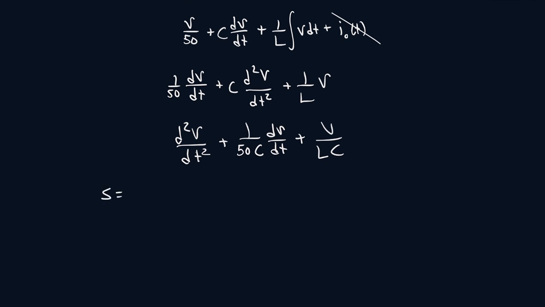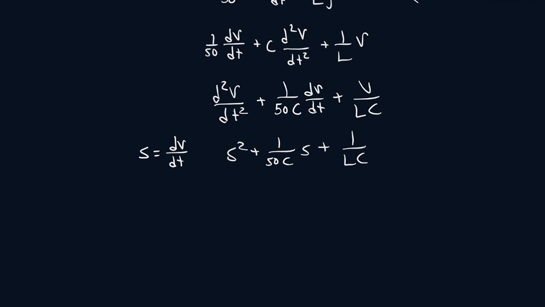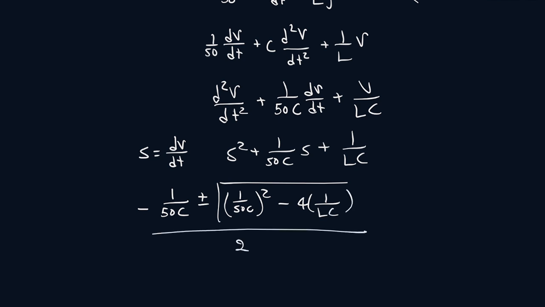I'm going to have s to be d over dt, so it'll be s squared plus 1 over 50C s plus 1 over LC. Okay, so now I can use the quadratic formula to solve for s. So it'll be minus 1 over 50C plus or minus the square root of (1 over 50C) squared minus 4 times 1 times 1 over LC, all over 2a.